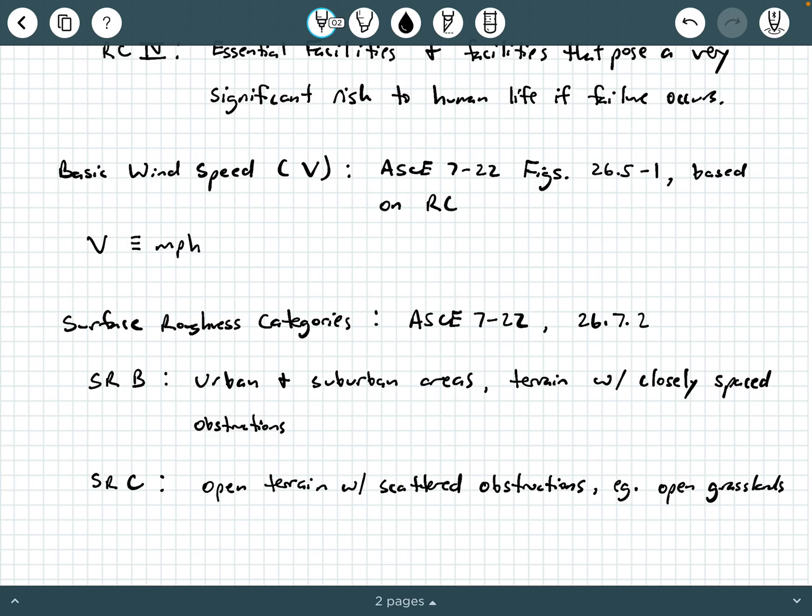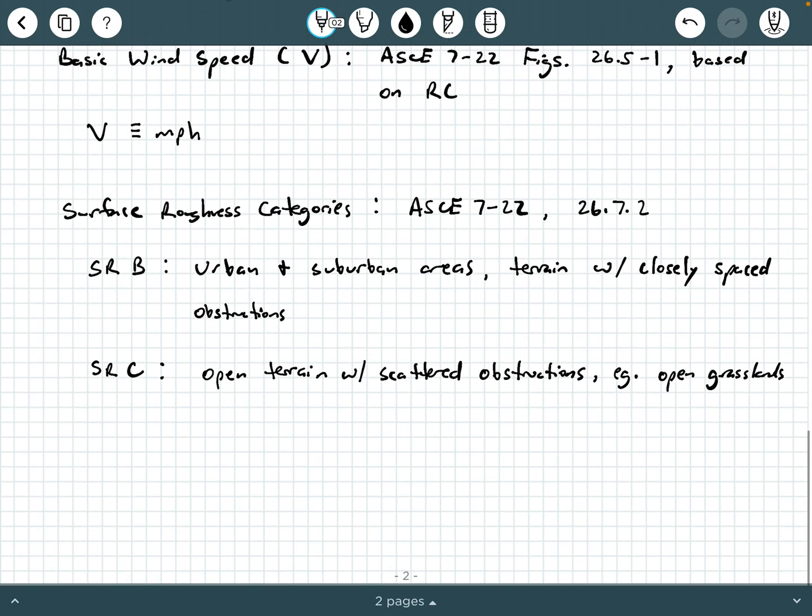Okay, and then surface roughness D, so SRD, that's going to be flat, unobstructed areas and water surfaces. Now, ASCE 7-22, if you're looking on that page with me, they provide a little bit more details in these definitions, but this is a quick summary of it.